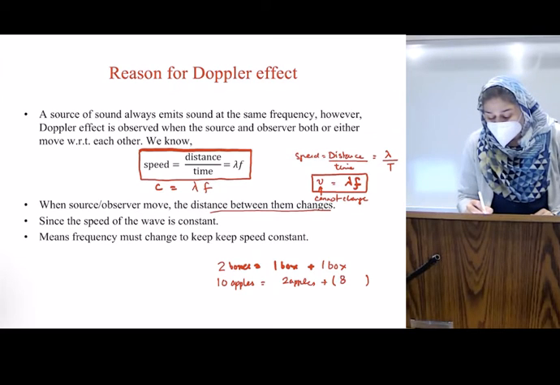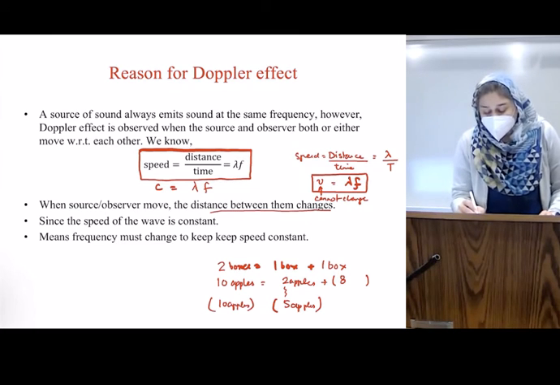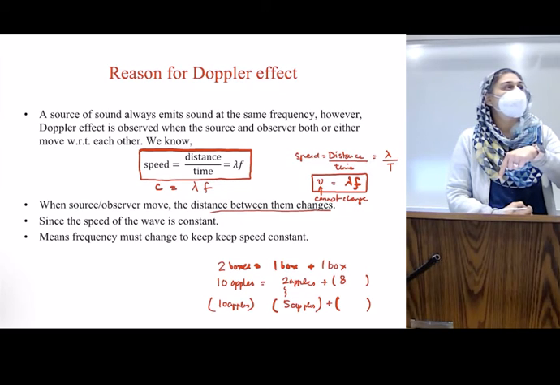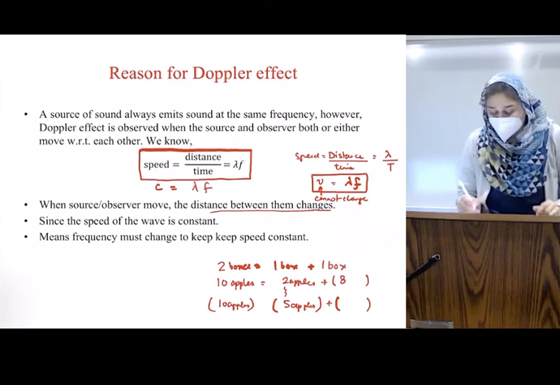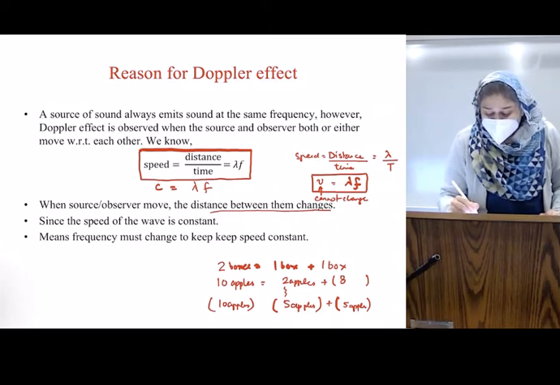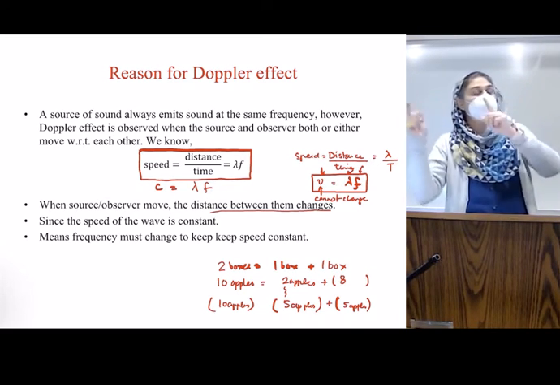But what if I put 5 apples in this case? But the 2 boxes can only have 10 apples in total. What must happen to this box? How many apples must now be in this box for this equation to balance? 5. Is that true? That's exactly what's going on here. This speed cannot change. So if lambda changes, frequency must change. If the distance changes, frequency must change.